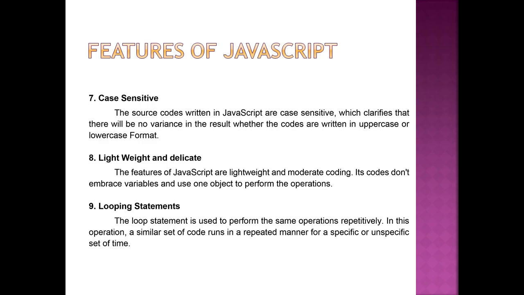And JavaScript is lightweight and delicate. When it comes to variables, all you need is to use var, for example, to declare a variable. You don't need any data type to declare a variable. Unlike Java, you need data types to identify what data that variable holds.